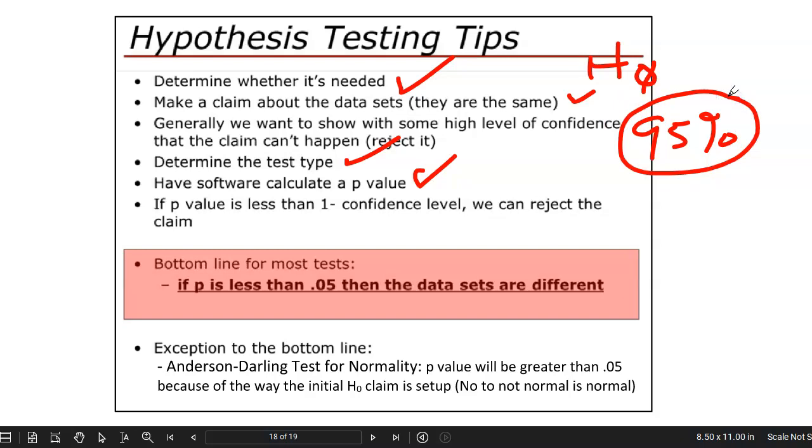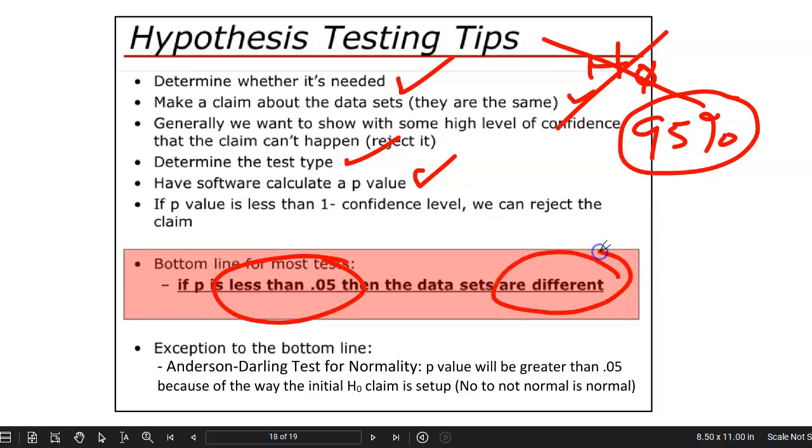In most cases, that's 0.05. And then the bottom line is if your p-value is less than 0.05, that means that you can reject the null hypothesis, which means that the data sets are different. When we see less than 0.05, we are excited. We've shown that there is a change.